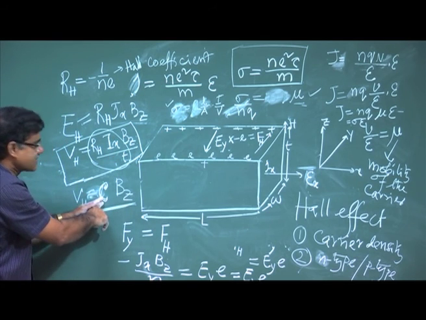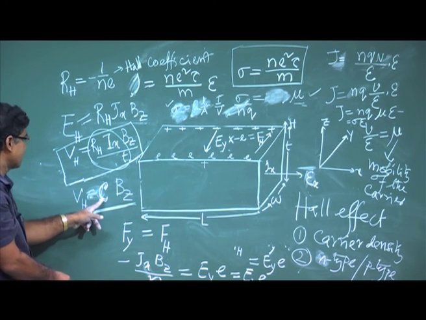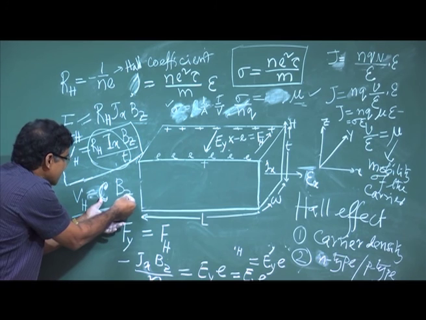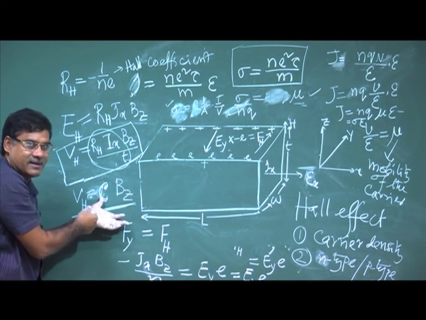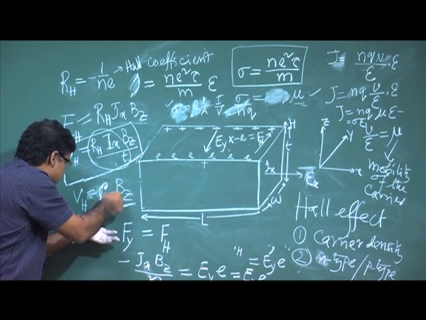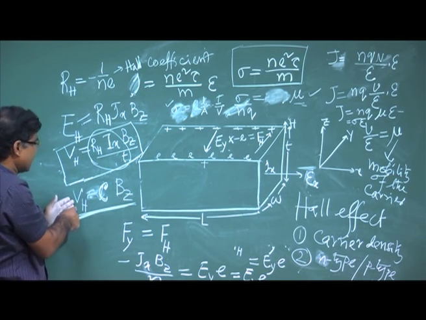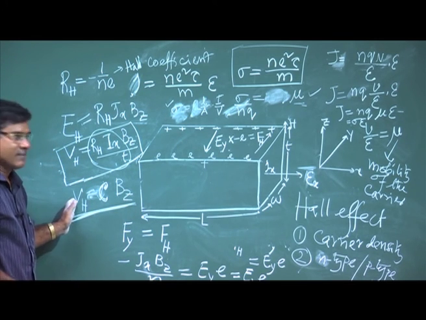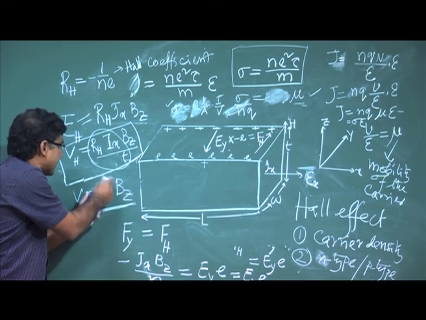So, if C is higher, what does it mean? Since this constant is higher, a small change of magnetic field will give a higher VH, because this is the multiplication factor.